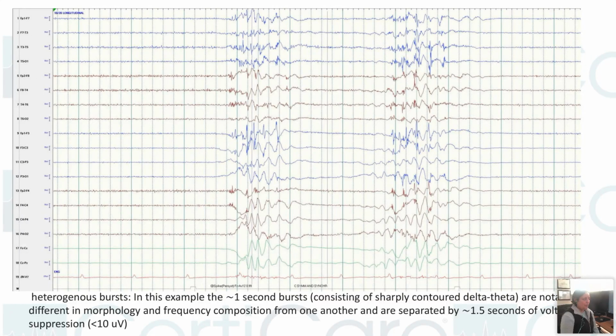This is an example here. These are again heterogeneous bursts. That means the bursts on the right and left, they look very different, but the patient is having myoclonus activity with these discharges here.